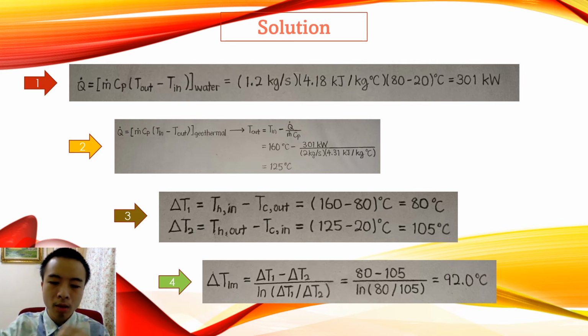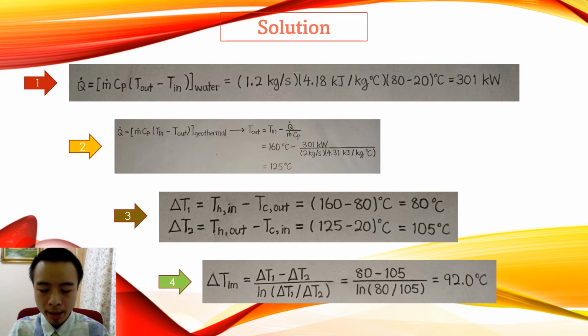Following that, knowing the inlet and outlet temperature of both fluids, the logarithmic mean temperature difference formula, or LMTD, for this counterflow heat exchanger becomes: delta T1 equals Th in minus Tc out. So the answer we get is 80 degrees Celsius. Then delta T2 equals Th out minus Tc in.